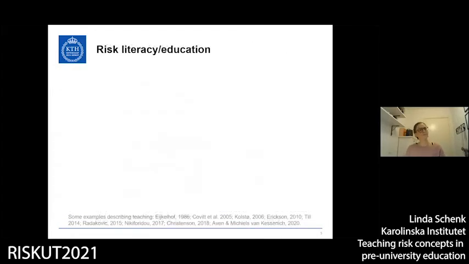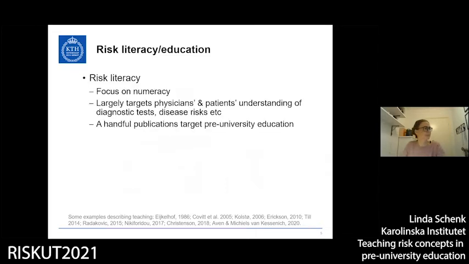What I will talk most about today is teaching under the umbrella of socio-scientific issues, but there are also papers that specifically address risk literacy or risk education. So I'll start with a short comment on that.